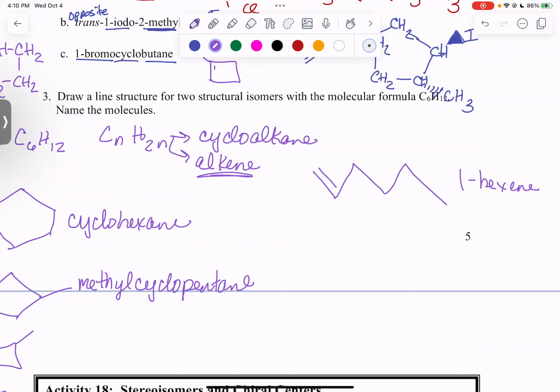Now, I can move that double bond to different places within the molecule, but this drawing and this drawing are exactly the same thing, because 1 hexene, I have to number my carbons from the largest substituent. So I'd have to number it from here and go 1, 2, 3, 4, 5, 6. And the number refers to the first carbon that participates in the carbon-carbon double bond. So those two things are the same.